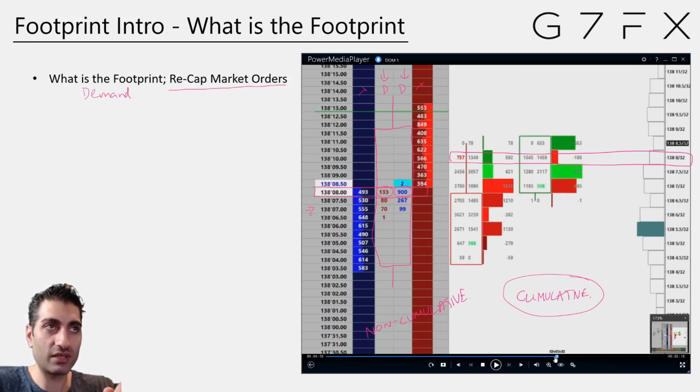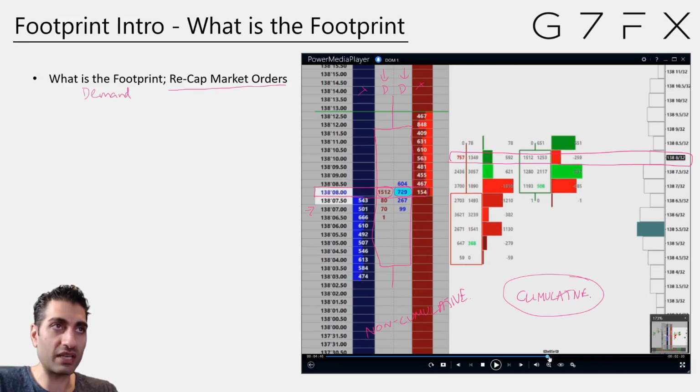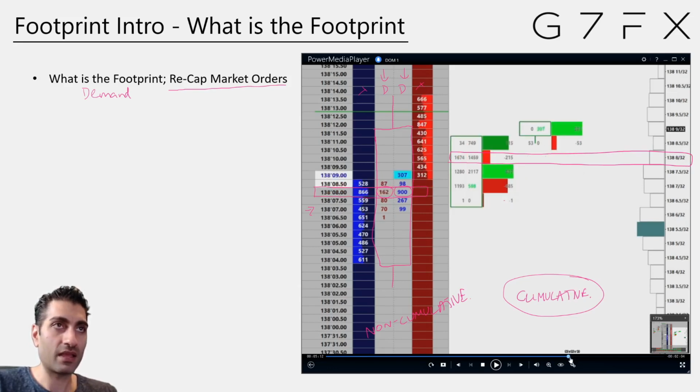It started to print again from 0. So we printed 1512, market went offered, i.e. went down, then we went bid again. See that? And it reset. That 1512 went away. On the footprint it doesn't go away, guys, it stays there. So you see that there, 1674 essentially.